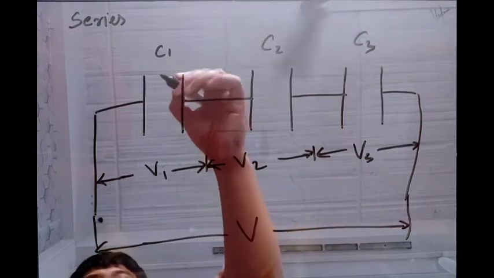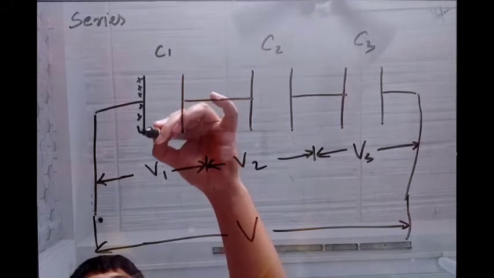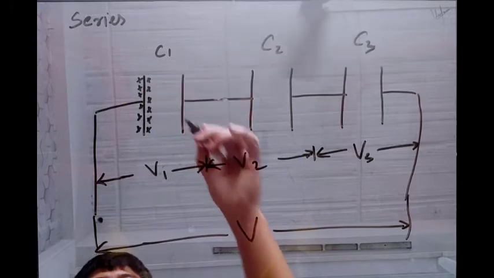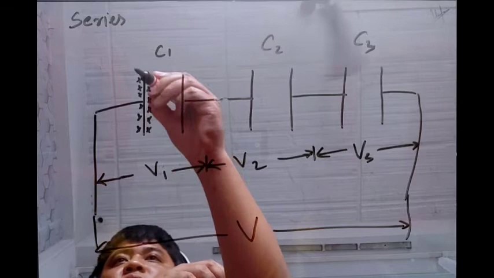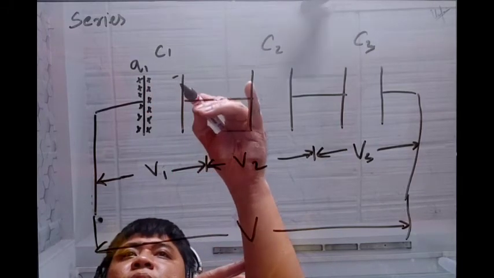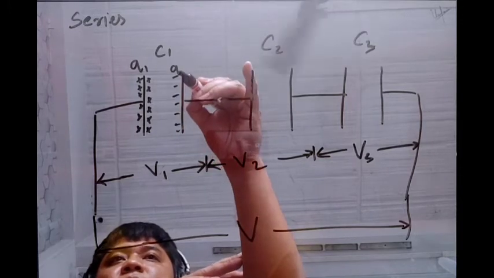First of all, let us give plus Q on the left face of capacitor C1. It is Q, which will induce minus Q on this side.